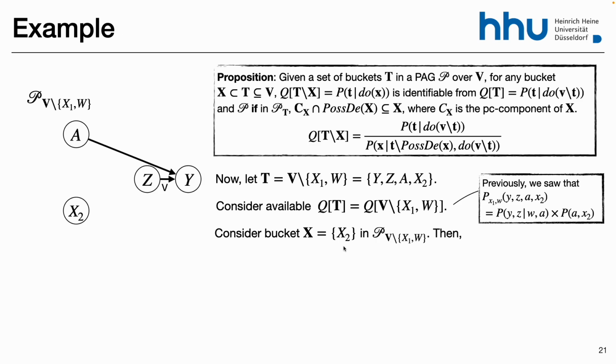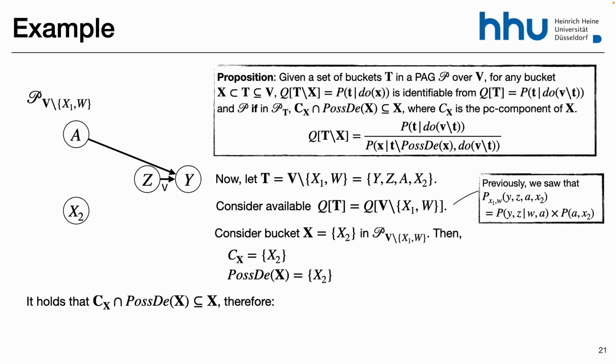So just for one iteration, to apply the proposition, consider the bucket that's just x2, and I have to evaluate the condition in the graph over V minus x1 and w, which is this one. The C-component of x2 is just x2, it's isolated. And the possible descendants are again the same. So the intersection is just x2.